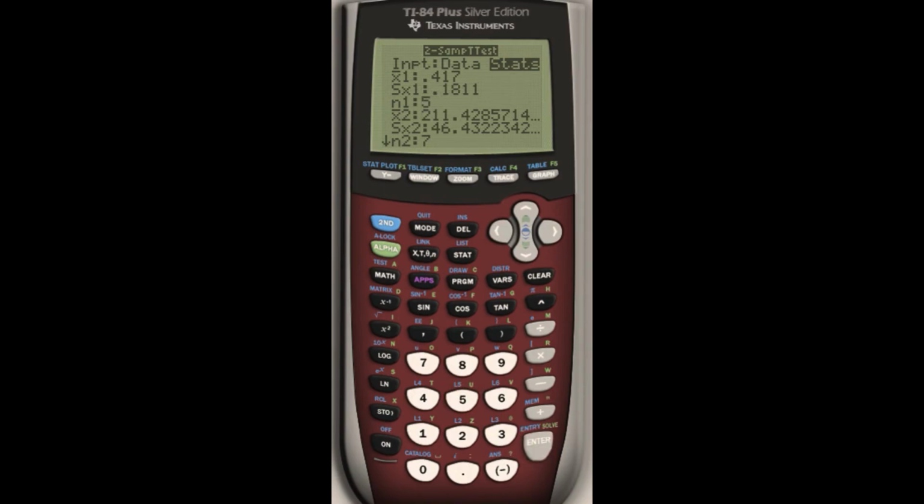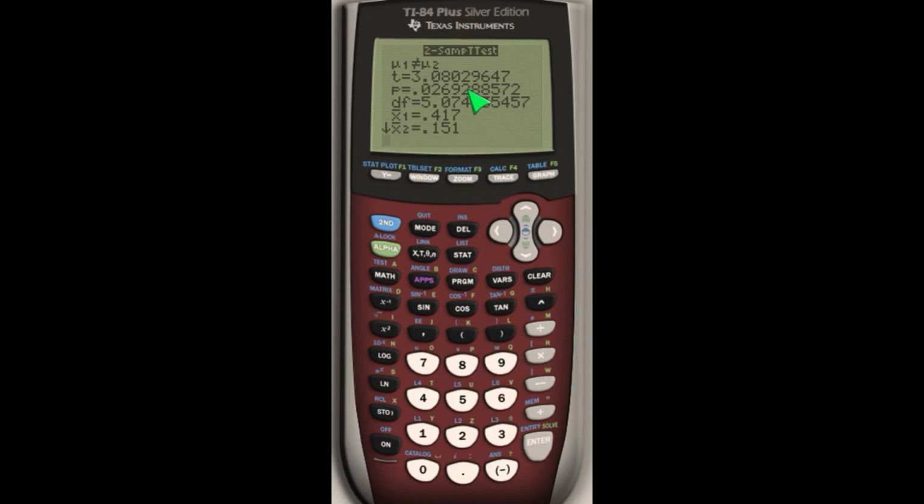And my second sample had a mean of 0.151 and a standard deviation of 0.067, there we go, and a sample size of 5. And we are just looking for a difference here, and we are selecting no for the pooled, and we are going to hit calculate. And here is our p-value, 0.03.